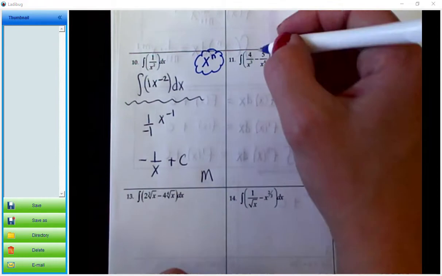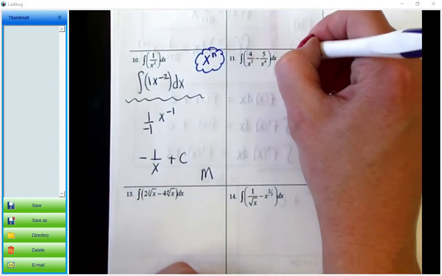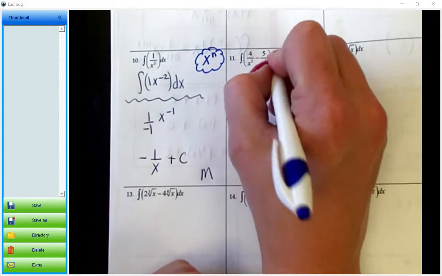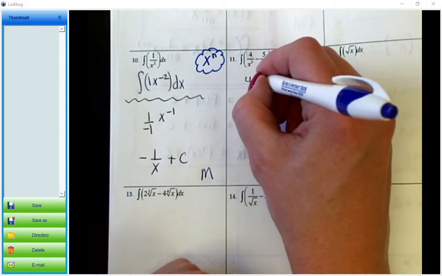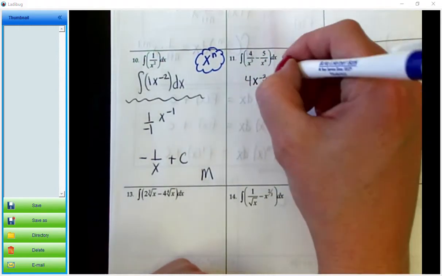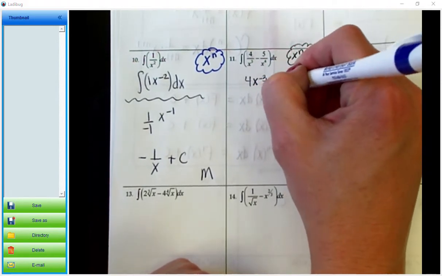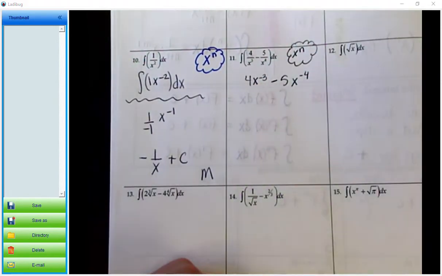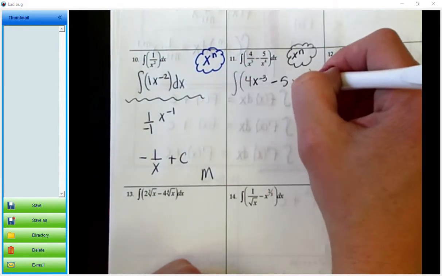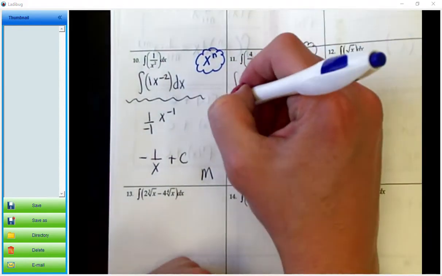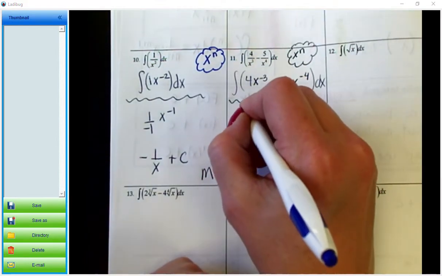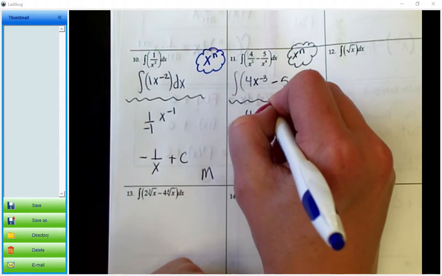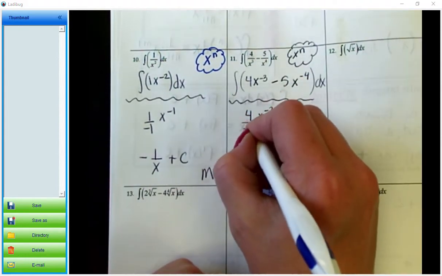Now I look at number 11, I'm like, okay, I still need this to be in the power format. I just happen to have 2 pieces and some coefficients. Well, the 4 doesn't move, but the x cubed does. Minus, okay. The 5 doesn't move, but the x to the 4th does. Now I do the antiderivative after I get it in power format. Careful, adding 1, divide by same number.